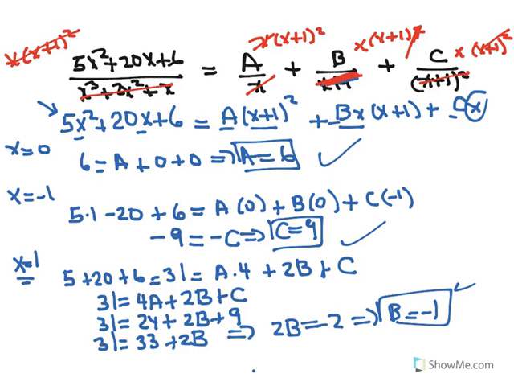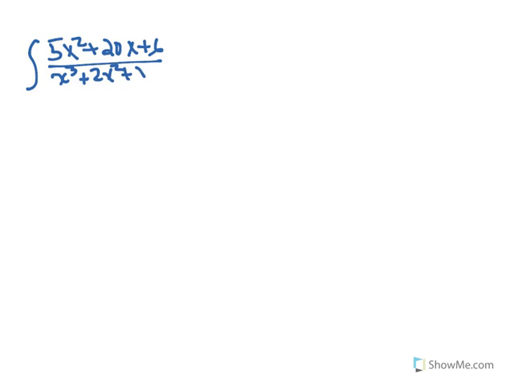Okay, so I'm going to go to the next page. Remember that you can always come back and check it out. So what I have now is that my integral 5x squared plus 20x plus 6 divided by x cubed plus 2x squared plus x dx can be represented as the integral of, I'm going to write it in here so you understand where I got these different expressions.